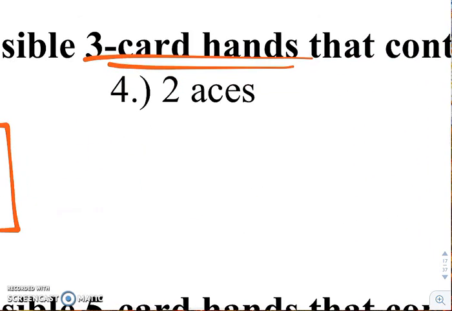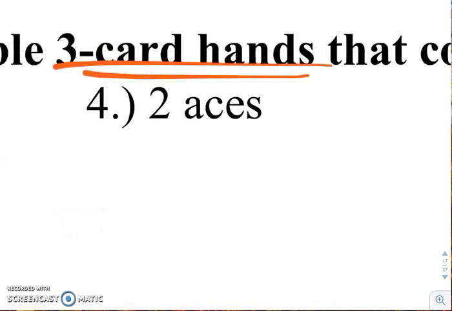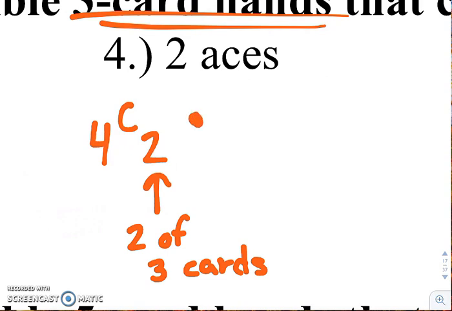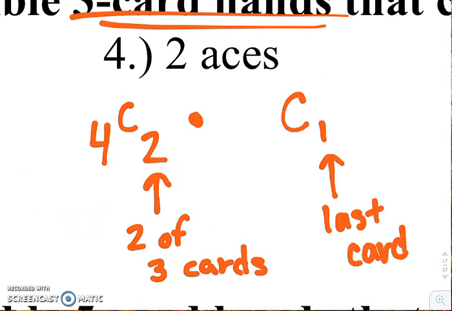Okay, so what about 2 aces? Well, how many aces are there in a deck? 4. But this is only 2 of the 3 cards that we are going to have. So if we need a third card, 2 of them will be aces, but that last card we are choosing can be any card from the remaining deck.